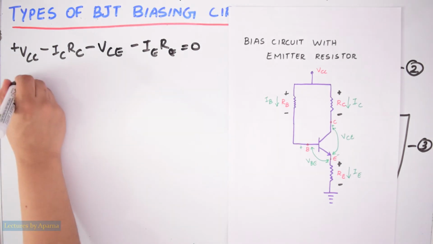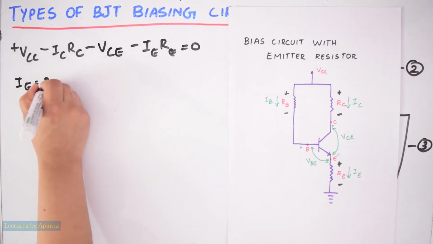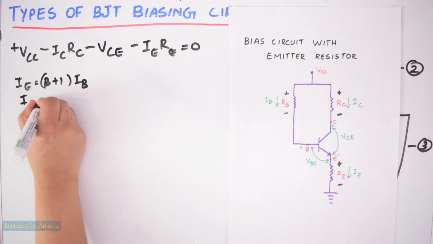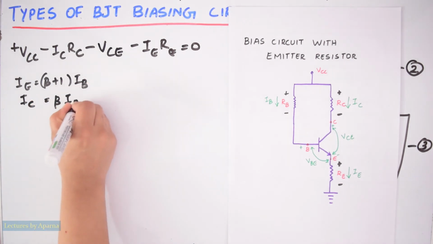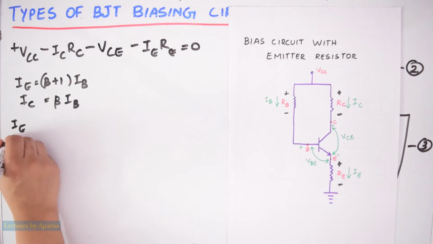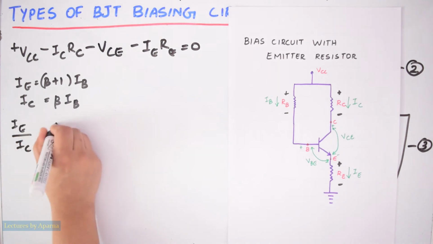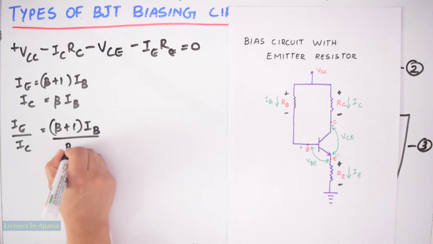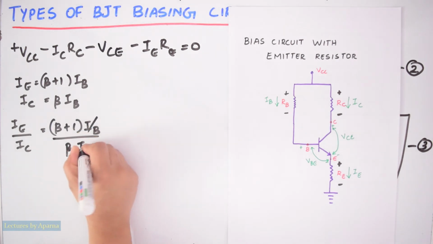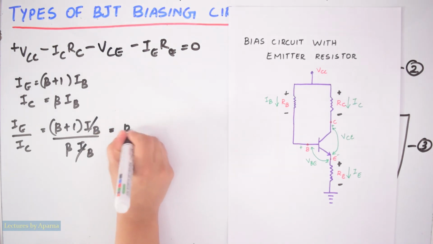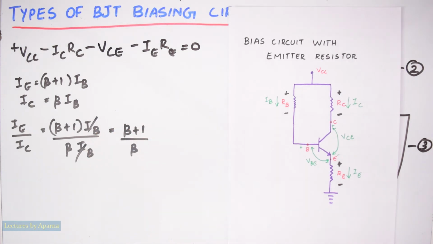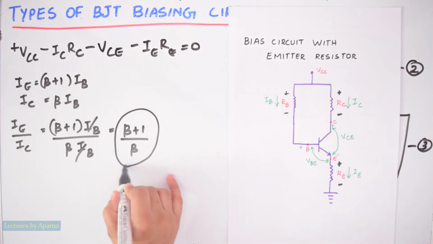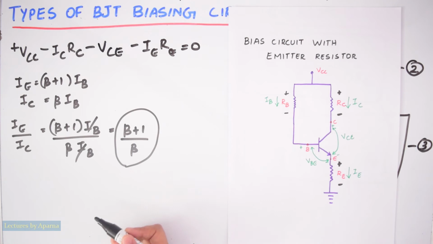We know IE is equal to beta plus 1 IB and IC is equal to beta IB. So if we find IE by IC, we get beta plus 1 IB divided by beta IB. IB will get cancelled. We get beta plus 1 divided by beta. This value will be almost equal to 1 because beta is a high value in most of the cases.